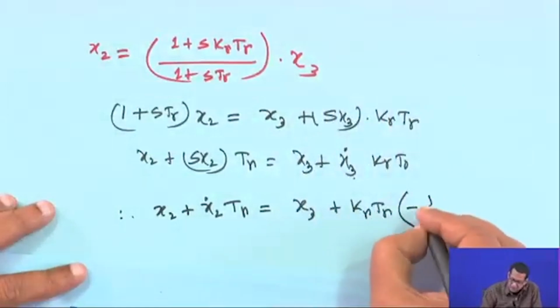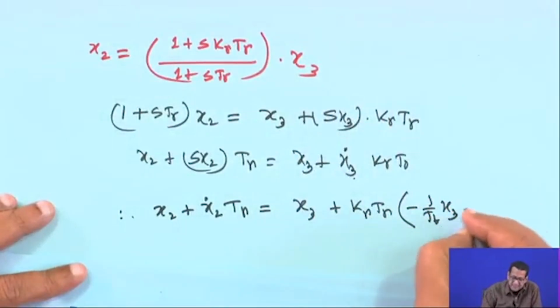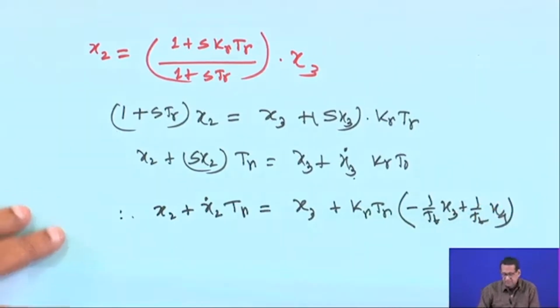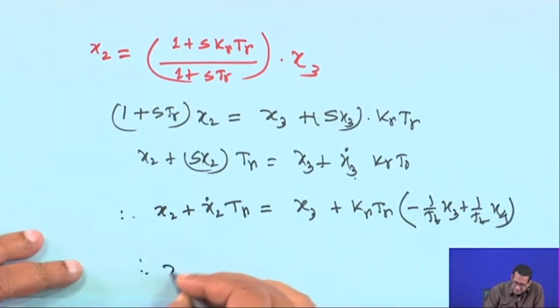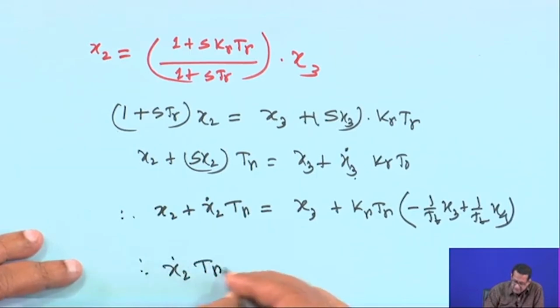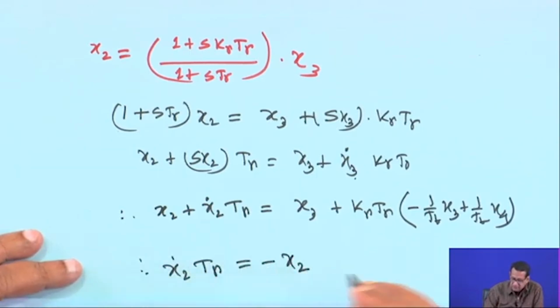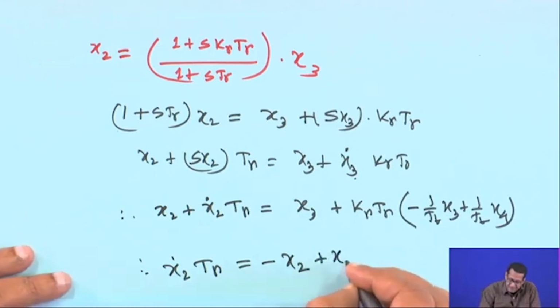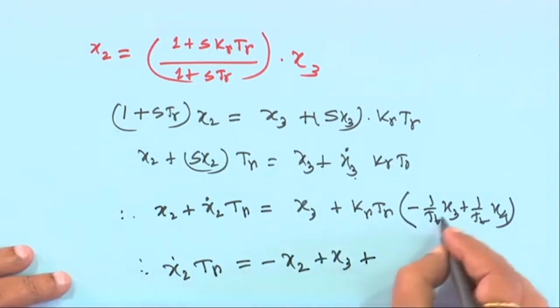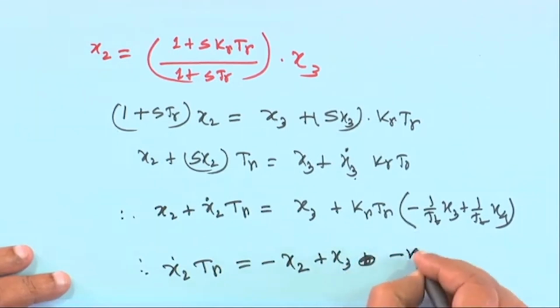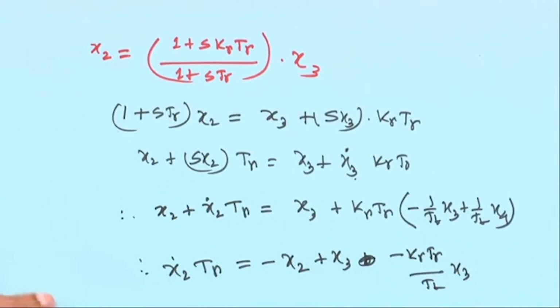That means my x2 dot Tr is equal to minus x2 plus x3, minus Kr Tr upon Tt x3, plus Kr Tr upon Tt x4, right.